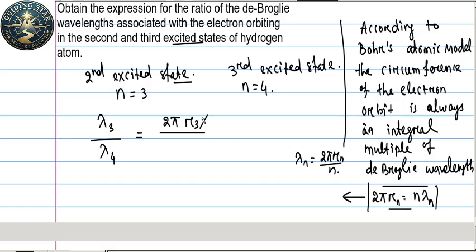Okay, so lambda 3 is 2 pi r3 divided by the value of n, which is 3. Then what is the value of lambda 4? So lambda 4 will be 2 pi r4 divided by 4. Okay, so this is how first we need to write down the formula. पहले formula लिख लेना है, फिर उसके बाद जो करेंगे.